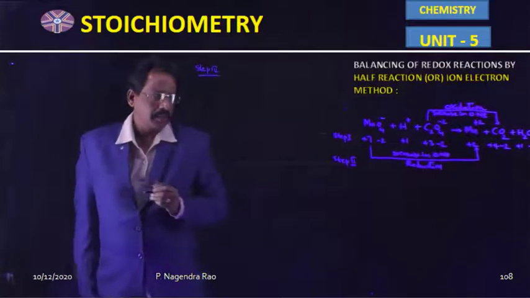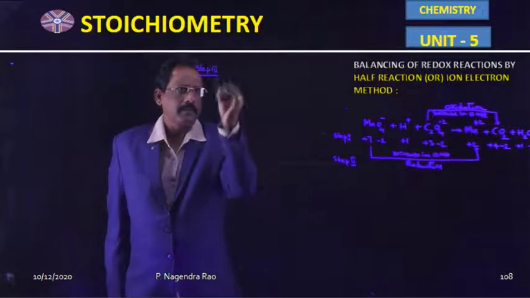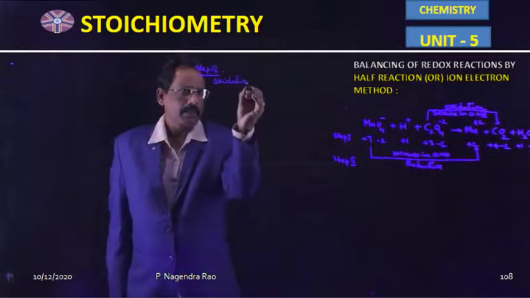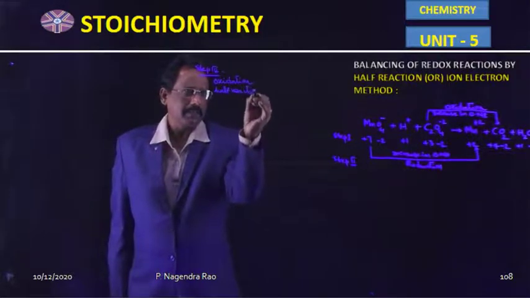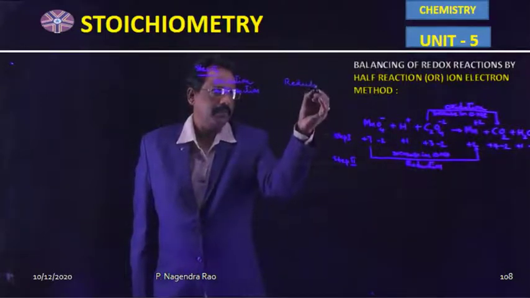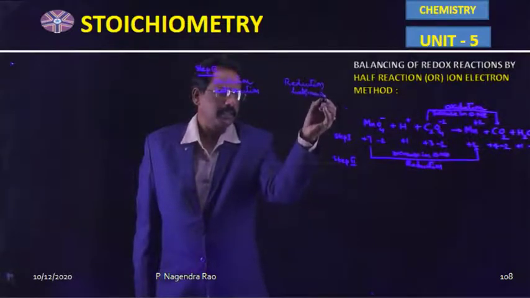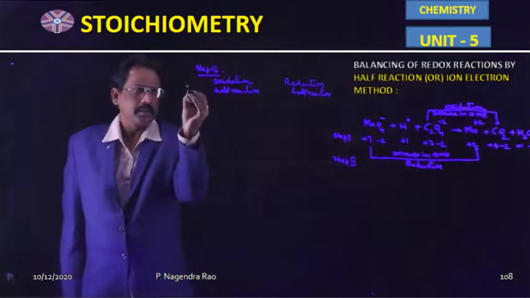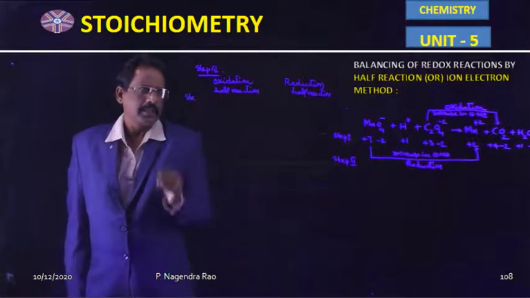One is the oxidation half reaction, and the other one is the reduction half reaction. This is step number 3.